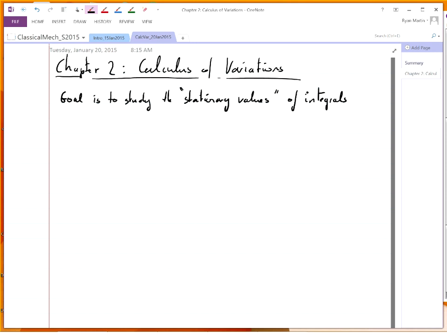In the calculus of variations, we have the integral of a function, and we'll be interested in knowing under what conditions is that integral what we call stationary. So it's like saying when is the derivative of that integral equal to 0, but we'll call that the variation of the integral. All right, so that's sort of the high-level picture.